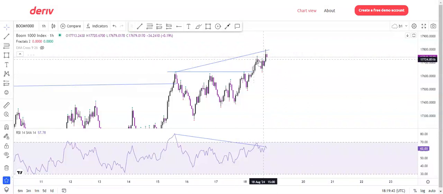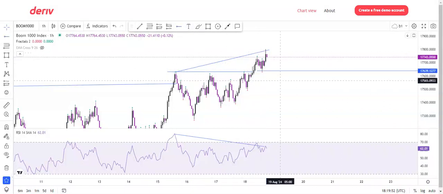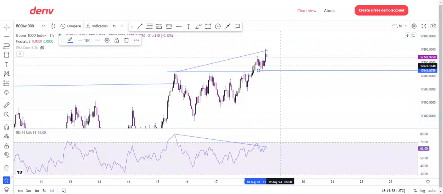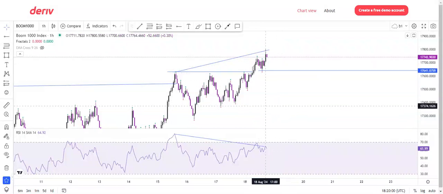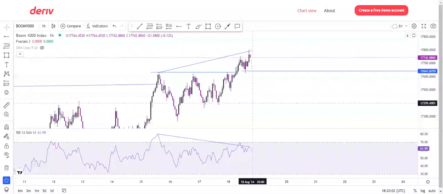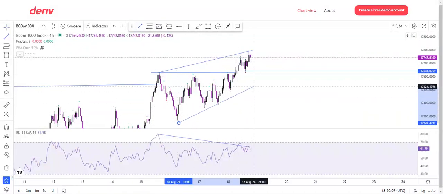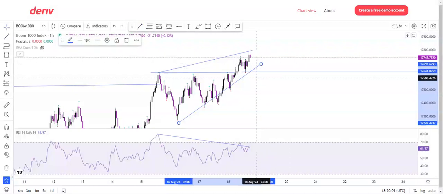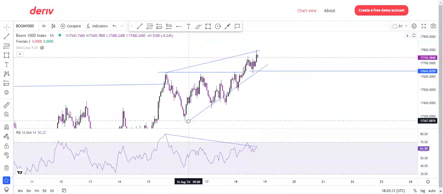So on Boom 1000, if we break the inducement, actually it's a confirmed low. If we break this low over here, that's where we can get some nice sells, because you can also see the pattern forming over there.